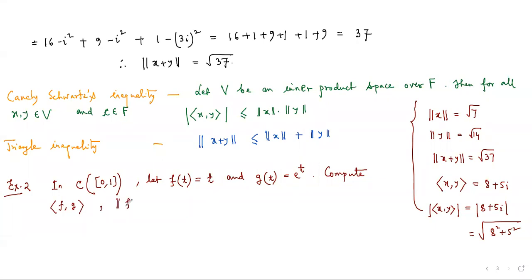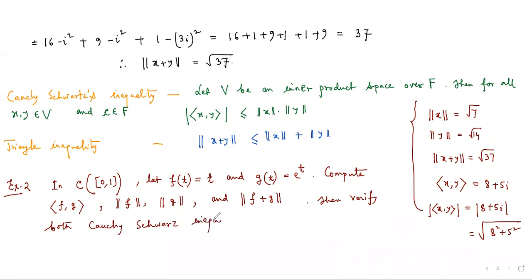Find norm of f, find norm of g, and find norm of f plus g. Then verify both Cauchy-Schwarz inequality and triangle inequality for these vectors. This is the second problem.